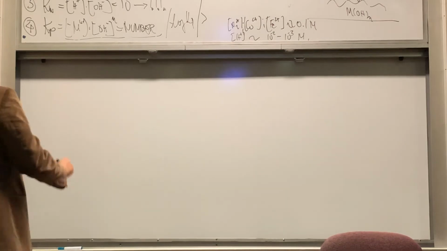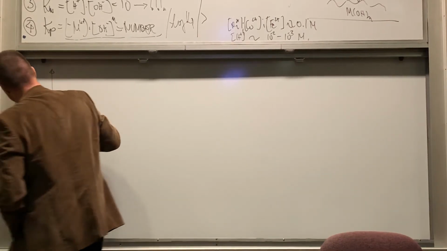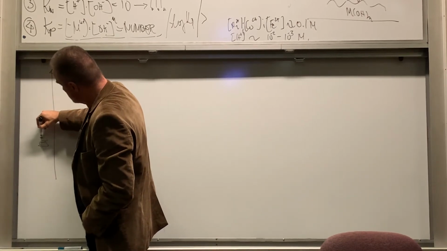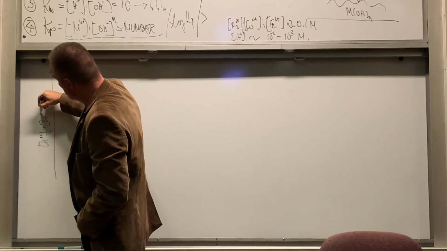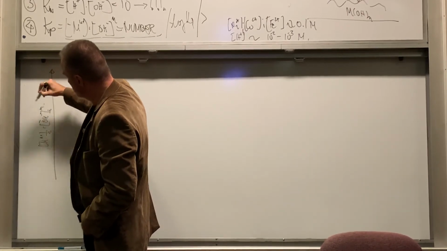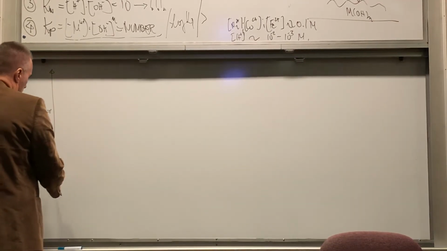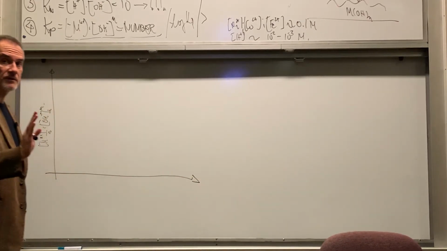So here I'm going to write the metal ion concentration at the interface times OH minus at the interface, to the power n, okay? Here there will be different things.